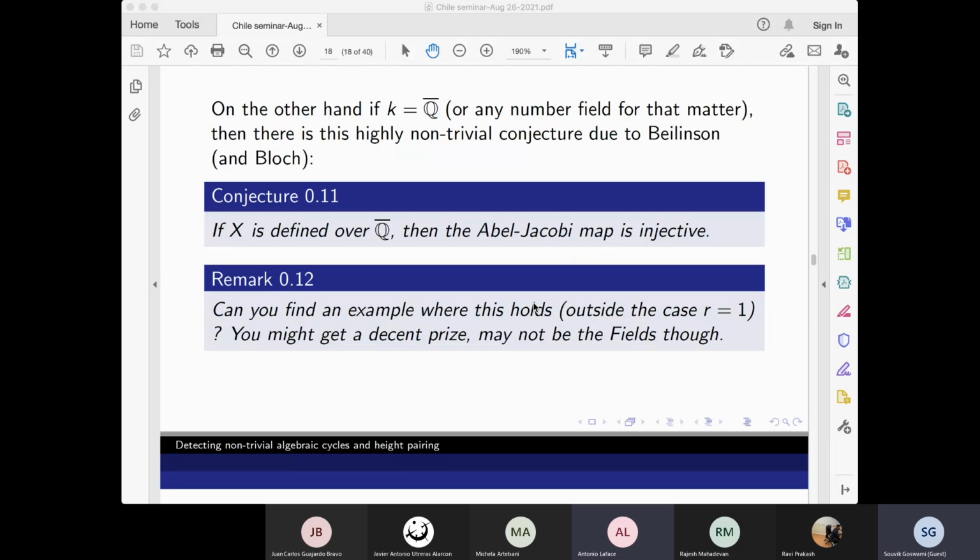But if you take X equals P^n, for example, then first you have to see what the cycles homologous to 0 are. The Chow group is given by the hyperplane, so it's Z, or Q. Yes, but it can still have cycles which are homologous to 0.